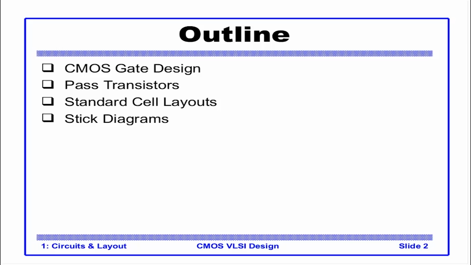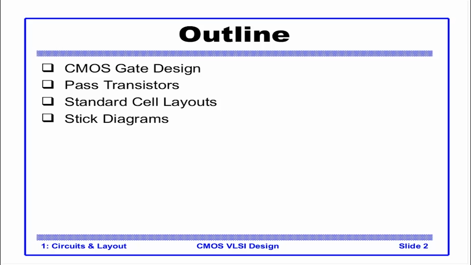We'll see how pass transistors and transmission gates are used. We'll see an example of a layout of a slightly bigger circuit and also an inverter. And I'll try and point out the important parts of the layout so that we understand how the capacitances are minimized during the layout.